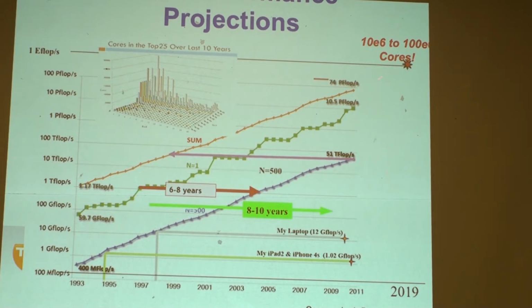By 2019, we're supposed to be hitting the exaflop. However, these really high-performance computers get their performance just from the number of cores or processing units they have. Right now, the fastest one has a little over 500,000 processors. By the time we get to the exaflop, they're expecting between 10 and 100 million processing units.